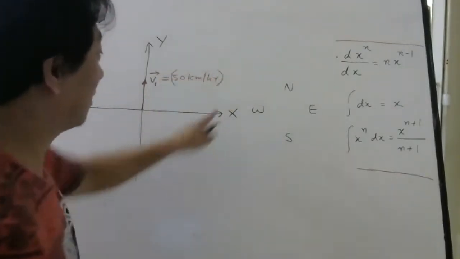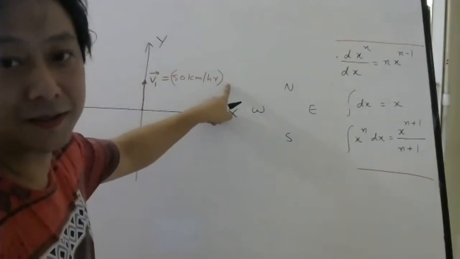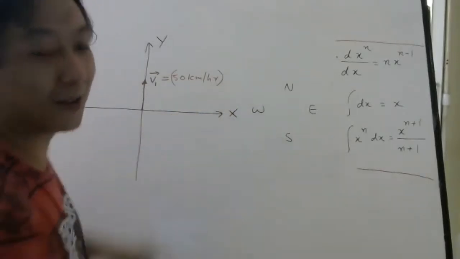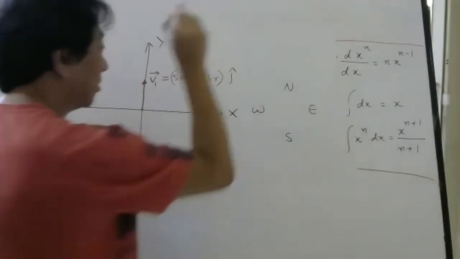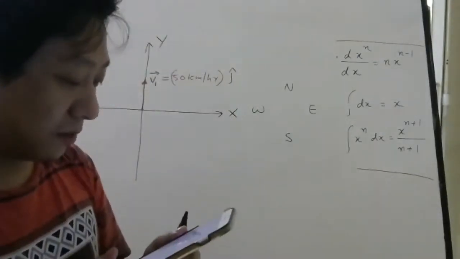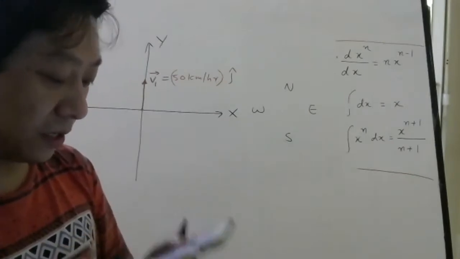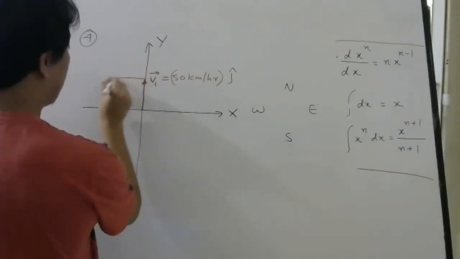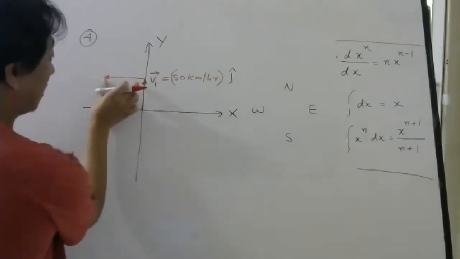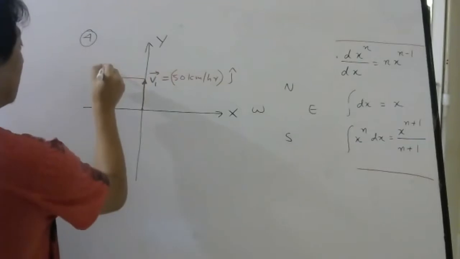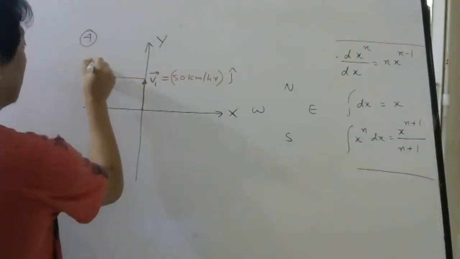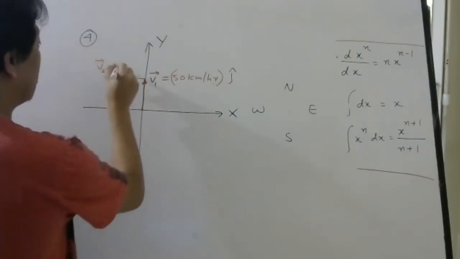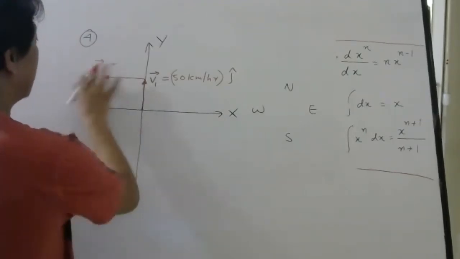What cap should I write? Be careful. J cap, because it is along the y-axis. And final velocity after the 90-degree left turn. Left turn means this side. The length should be the same, this length and this length. So this is your V2 bar. This is also 50.